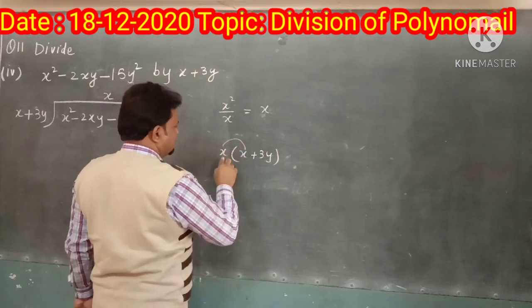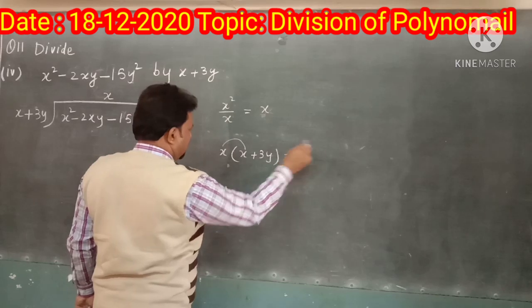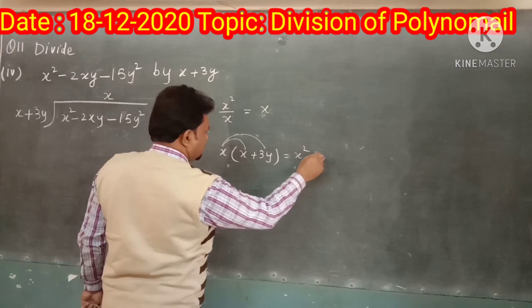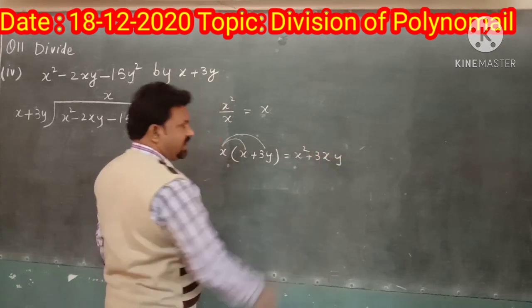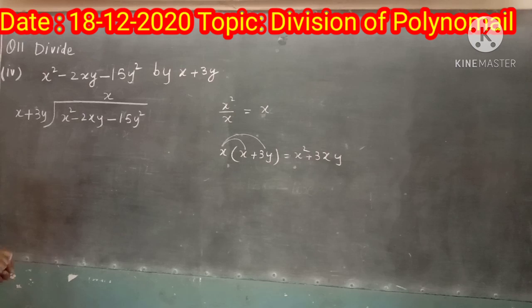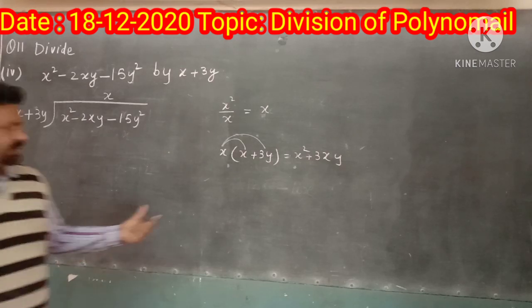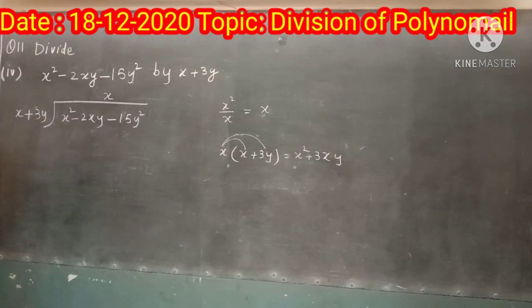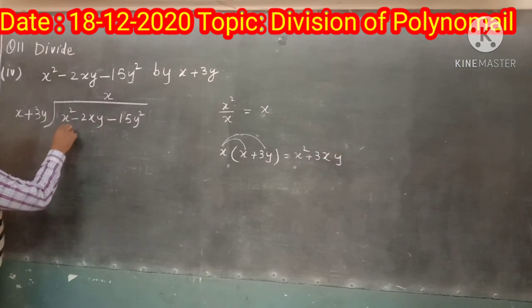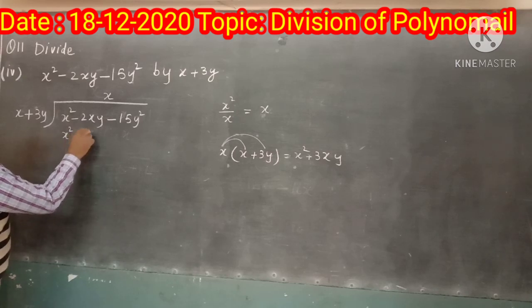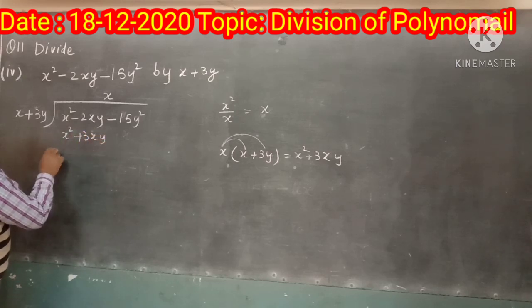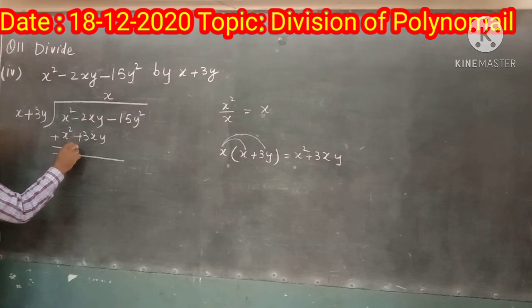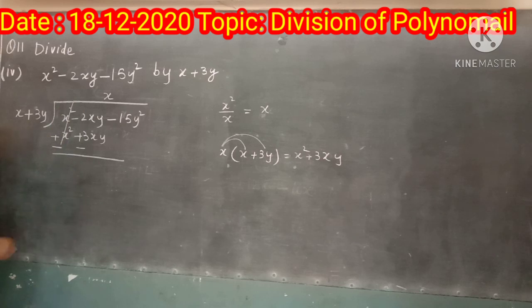So x multiplied by x is x square, and x multiplied by 3y is 3xy. Now we will subtract this product from the dividend, x square plus 3xy. We will change the sign, plus minus, and they will cut with each other.